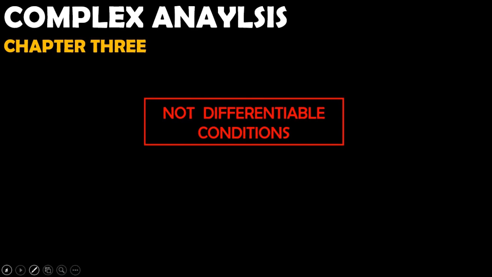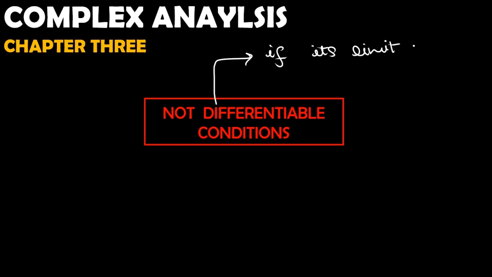Always remember that we check the differentiability of a function at a point. Okay, so the first condition in which the function is not differentiable is if its limit does not exist.